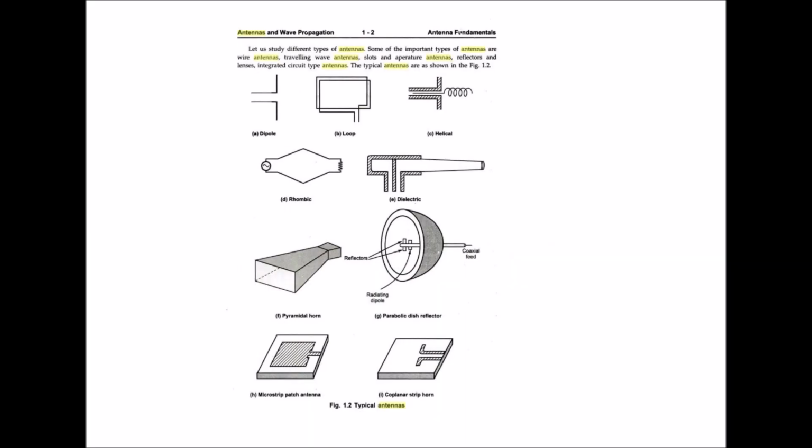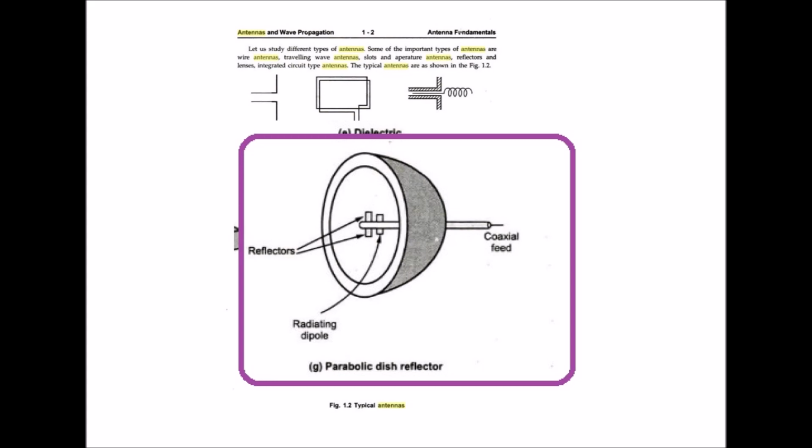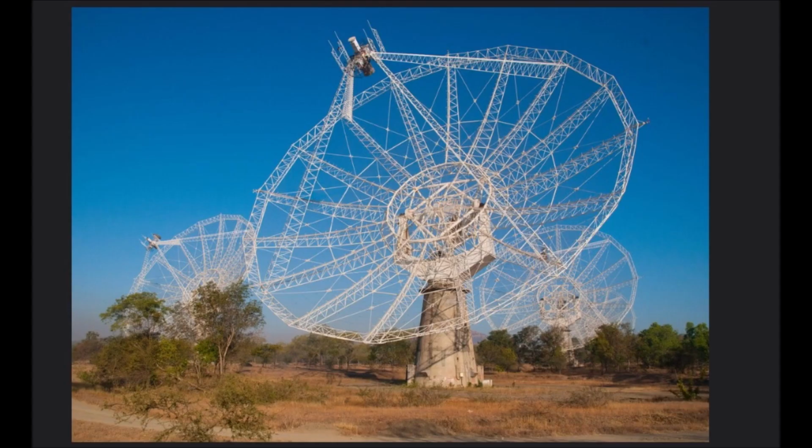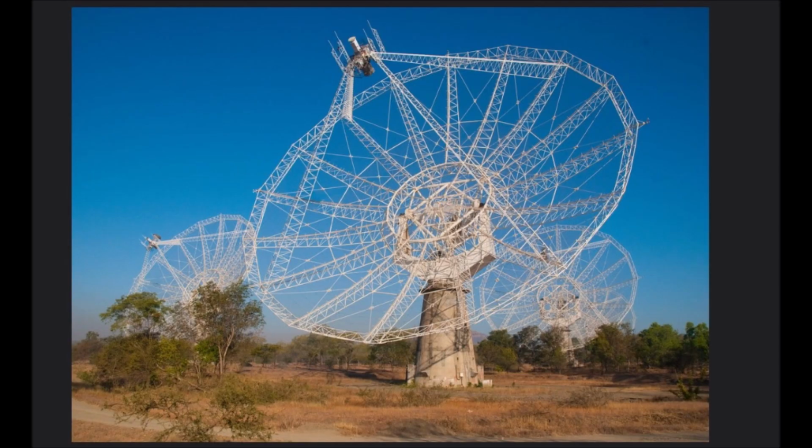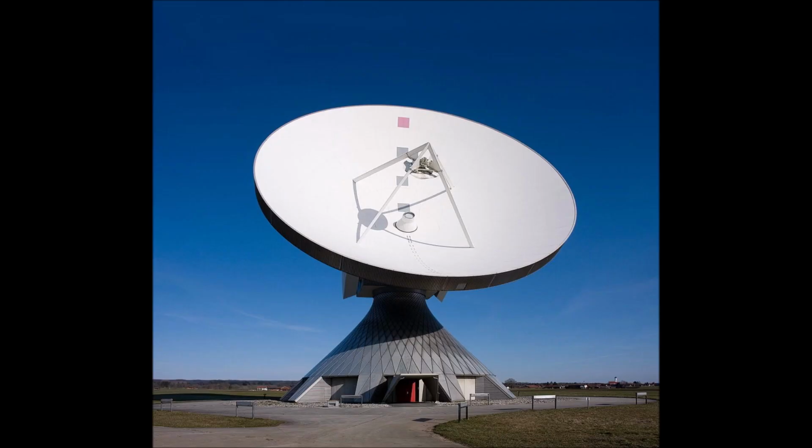For microwave radiation, the parabolic reflectors are most commonly used. The parabolic reflector, illustrated in the figure 1.2g, is based on the principle that the electromagnetic waves are reflected by a conducting sheet.